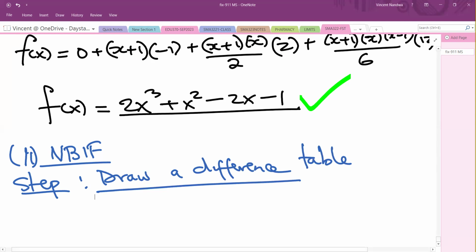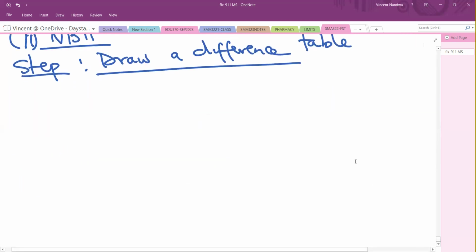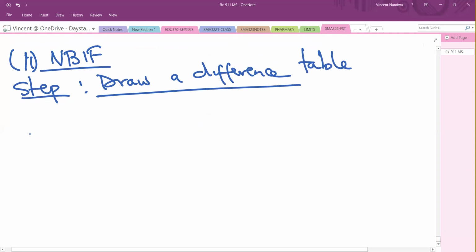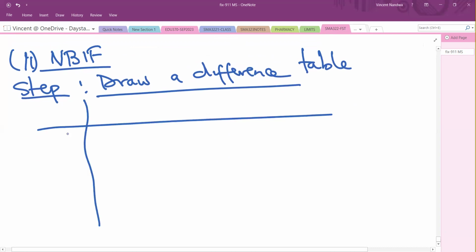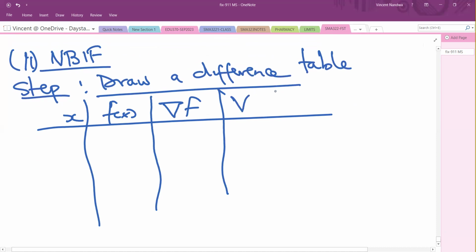So let's redraw the difference table for the case of Newton backward. So I have x, f of x, first backward, second backward, third backward.